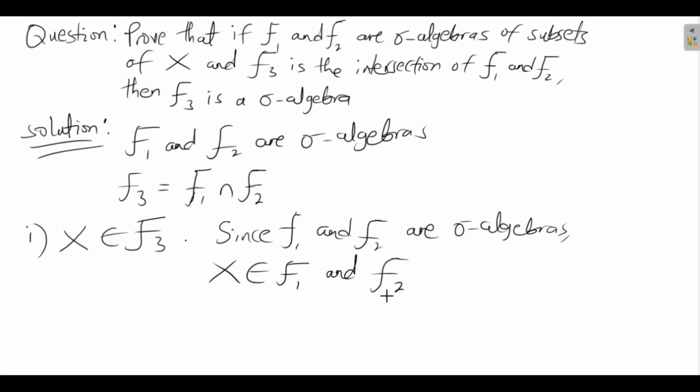Because F1 and F2 are sigma algebras, both of them contain X. And if both of them contain X, then X belongs to the intersection of these two sets, the intersection of F1 and F2. That means that X, the universal set, belongs to the intersection of F1 and F2. Of course, we know that F3 is the intersection of F1 and F2. So if the universal set X belongs to the intersection of these two sets, then we can boldly say that X, the universal set, belongs to F3.